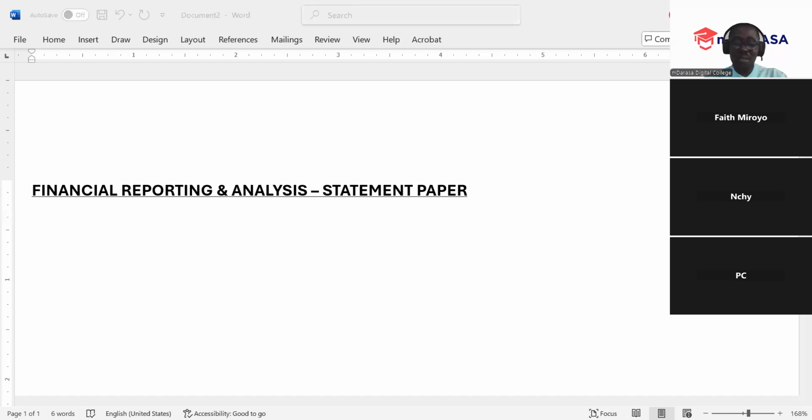I know they might sound like very few topics, but we must understand that, as the lecturer will be explaining to us, they're a bit wide. So we start with topic number one. Even before we look at that, you realize that we have two parts. The first part is financial reporting, and the other part is analysis.